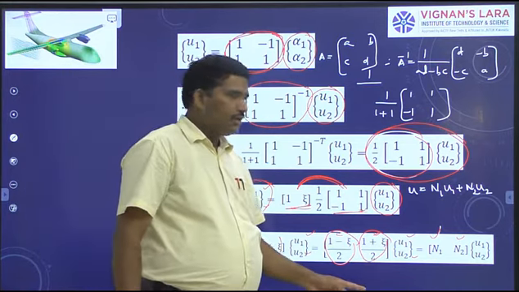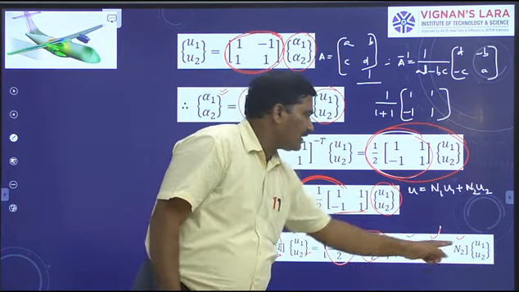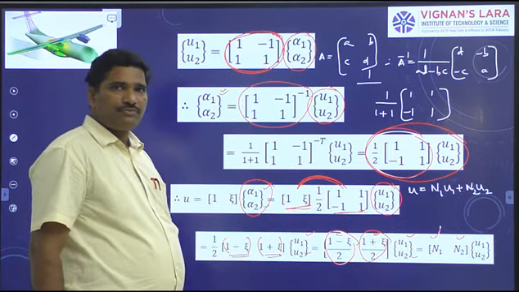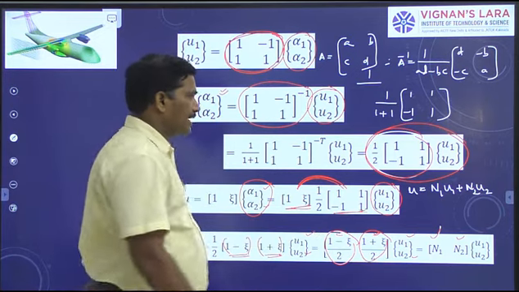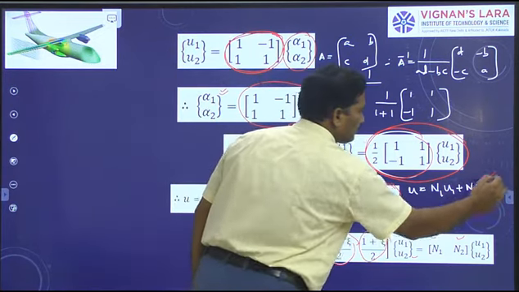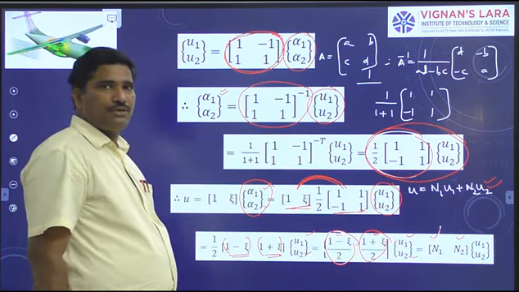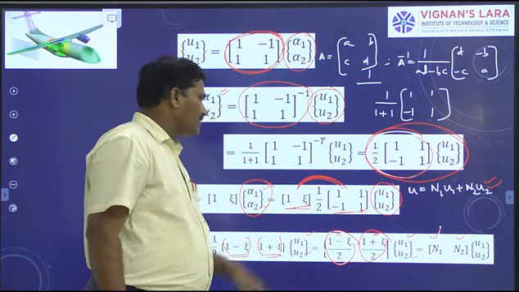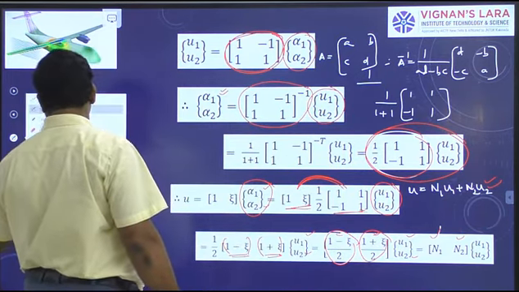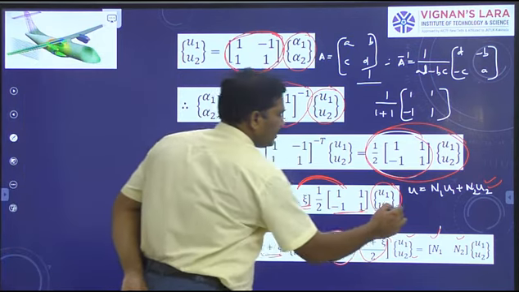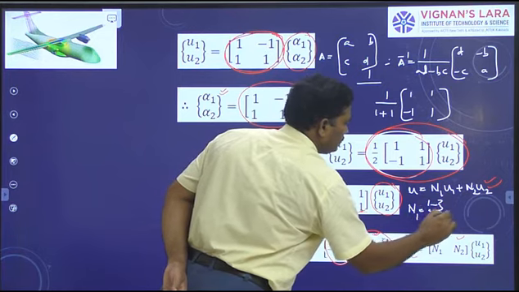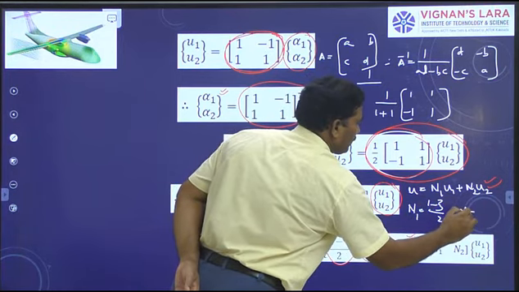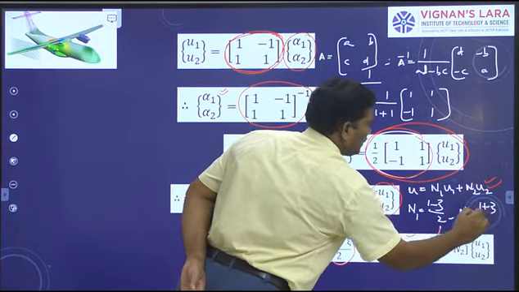Now, do we have a form like this? Yes. The obtained expression, if you compare with this form, you get n1 equals 1 minus j by 2 and n2 equals 1 plus j by 2.